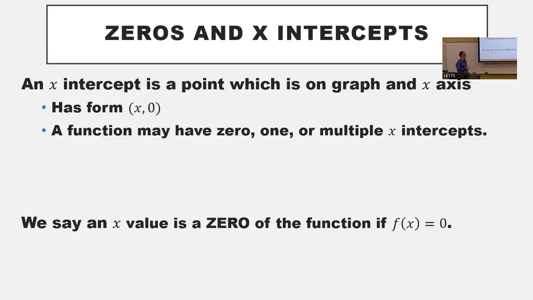We call those x values zeros of our function. So the x-intercept technically is the point x comma 0. Those x values are zeros of the function because when you plug them into your function, you get out a 0.